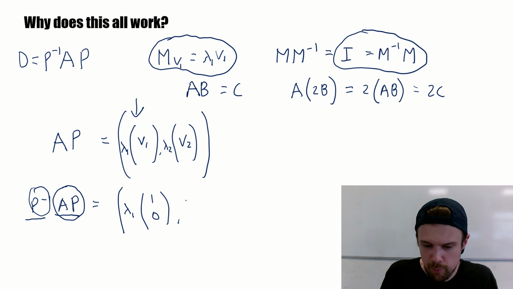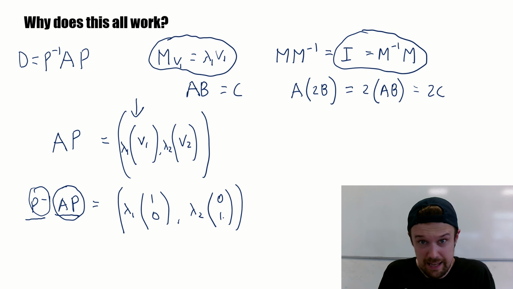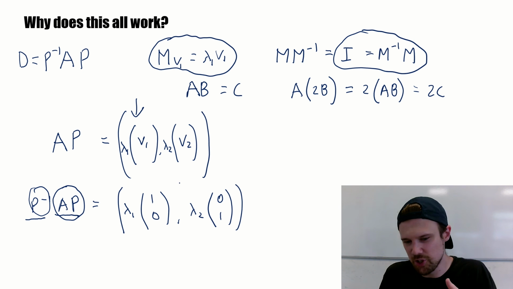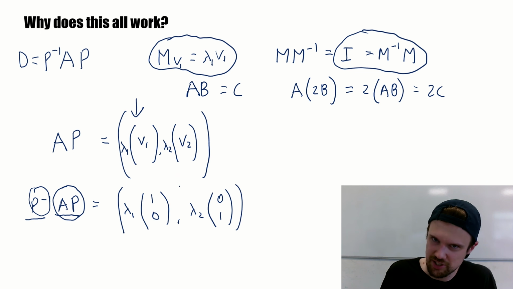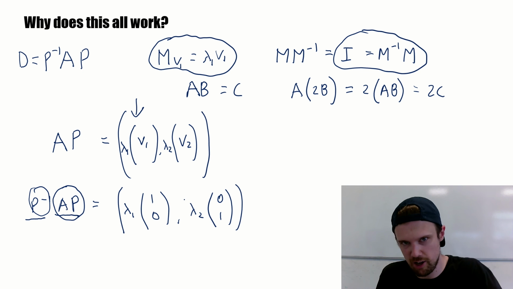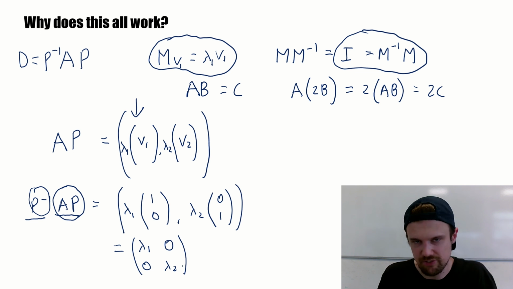And then you're going to end up with lambda 2 lots of 0, 1, because although that second column isn't the same column that you had in P, we realize it's just a scalar multiple of it, and therefore multiplying P inverse by that will mean that we are just taking that column back to the column it would be for the identity matrix, but with that scalar multiple applied afterwards. Therefore, we just end up with effectively the diagonal matrix we wanted, with these scalar multiples of the individual parts of it.